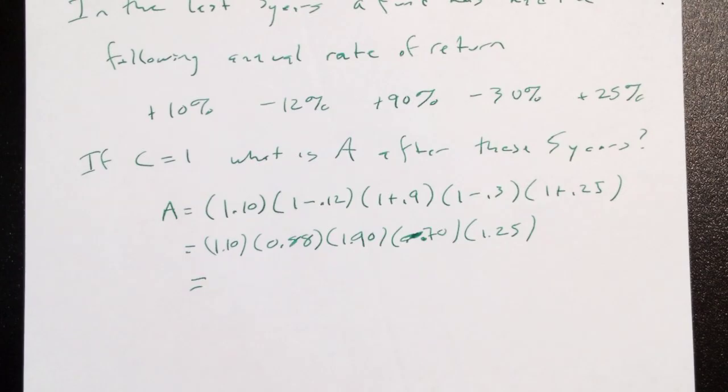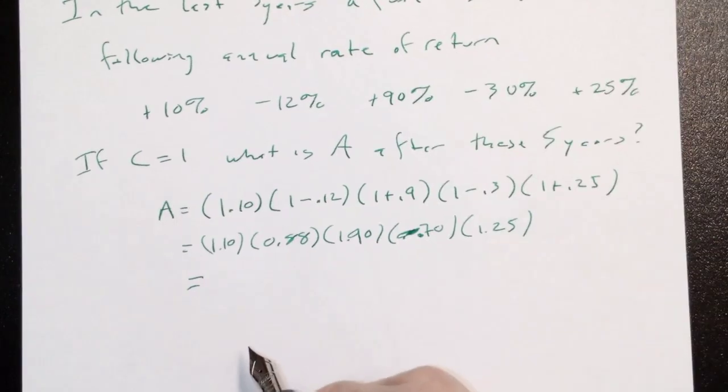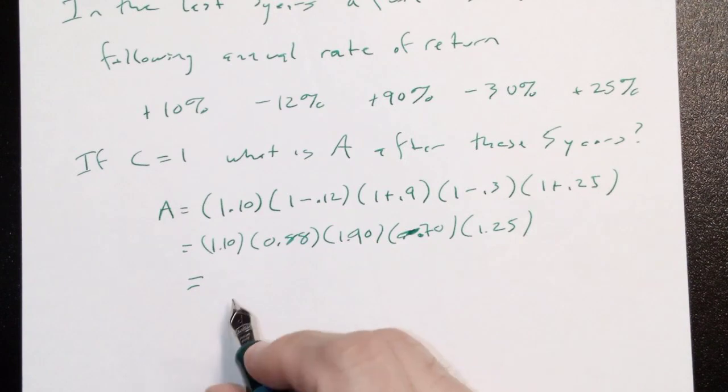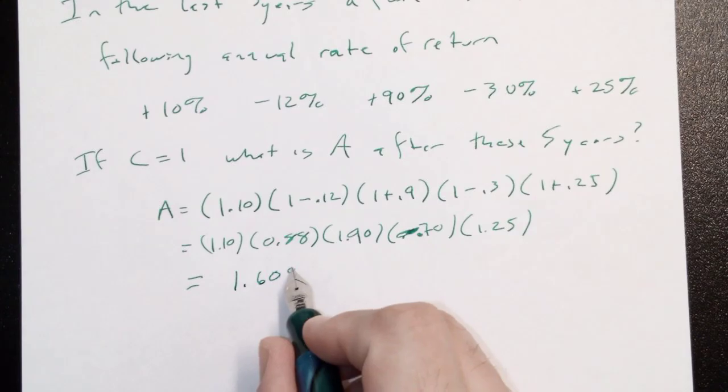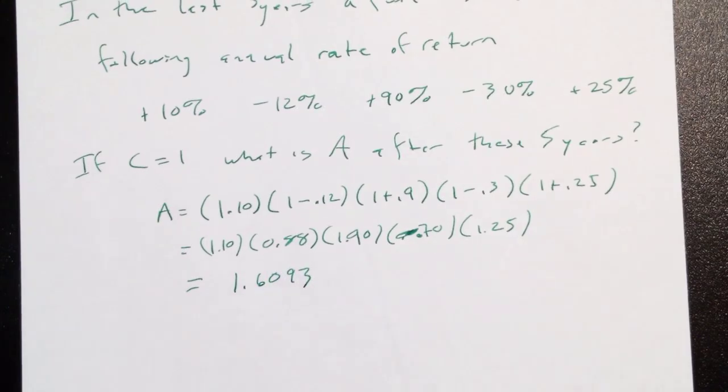What's this value? Great. However, that's over 5 years, right? So I made 61 cents on a dollar.